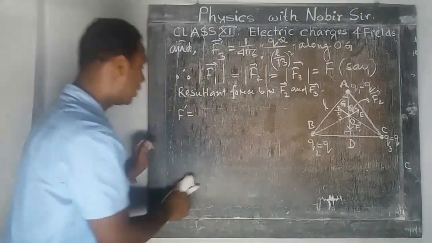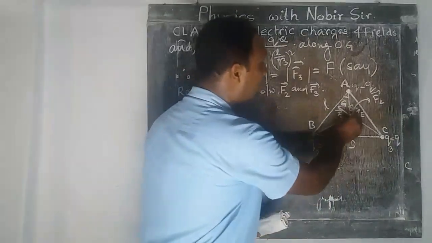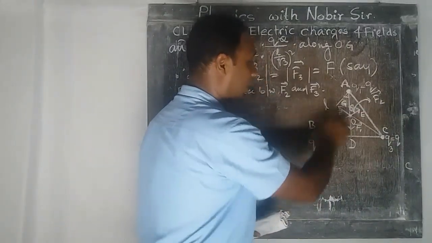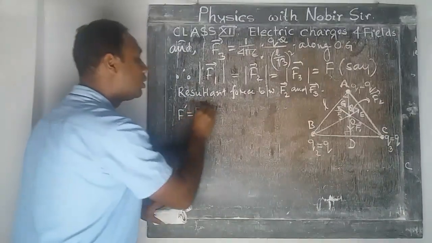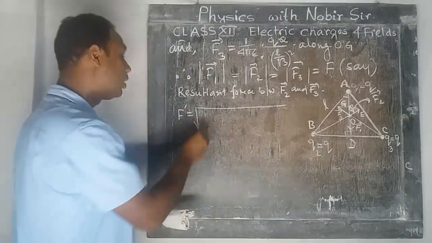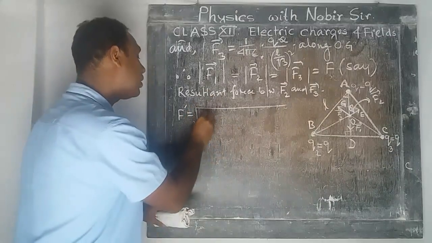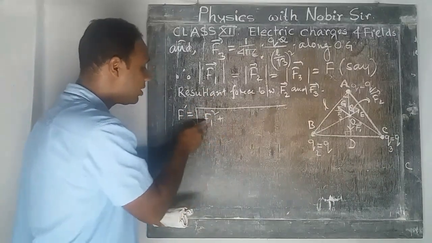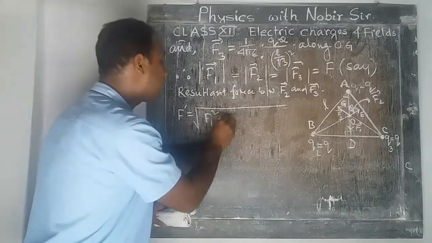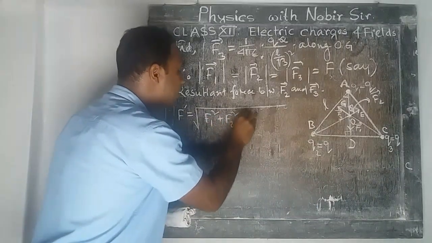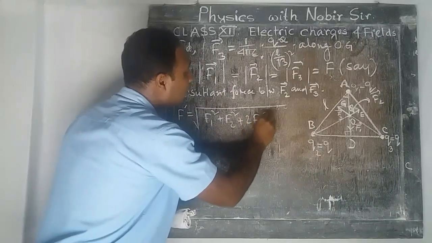So what is the net force? Due to F2 and F3, the total or resultant force we take as F dash equal to root over, due to the formula, A square means F1 square plus, here we take only magnitude, not vector, F1 square plus F2 square plus 2 F1 F2.